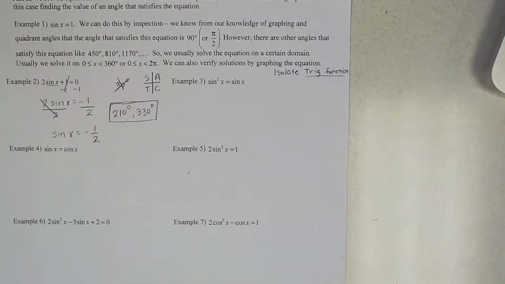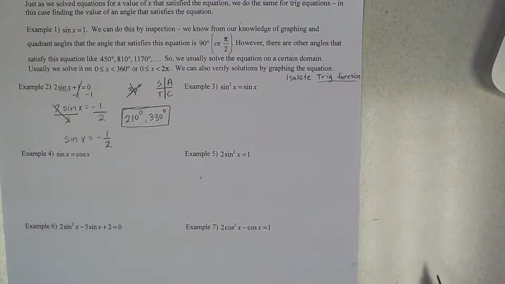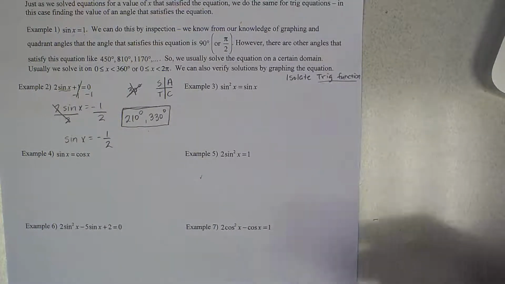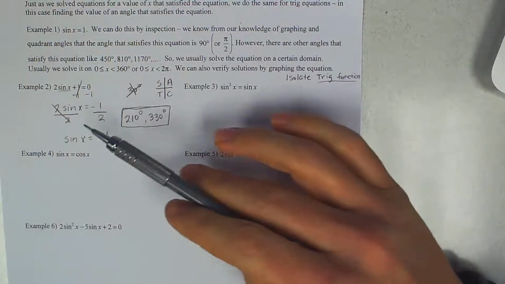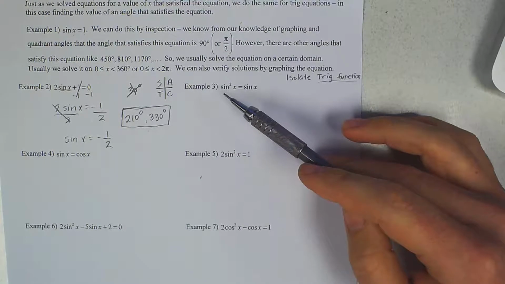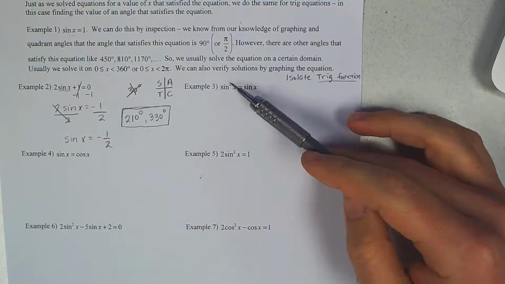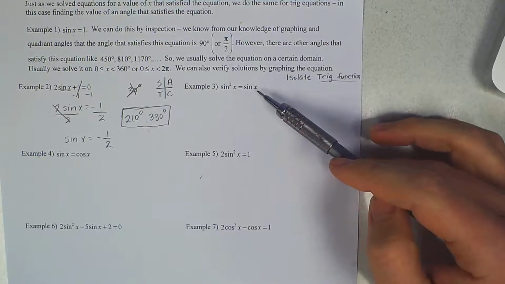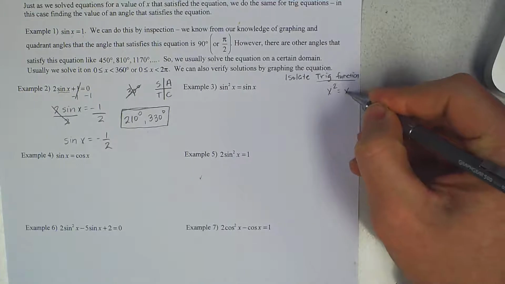All right, let's go to example 3. Now again, when we're looking at example 3, over here we wanted to isolate the trig function. Well, as you can see right here, this would be a quadratic equation because we have sine squared x and then just sine x. That's like saying x squared equals x.